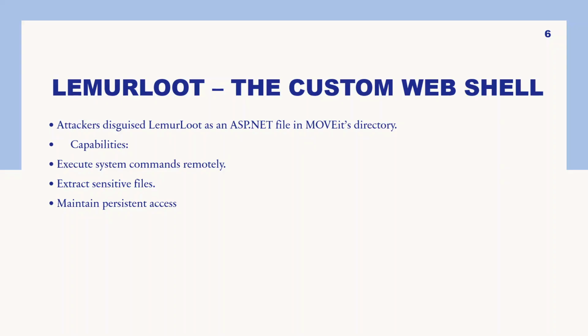So after exploiting the SQL injection vulnerability in MOVEit, the attackers uploaded LEMURLOOT, disguised as a legitimate ASP.NET file inside MOVEit's directory. They executed it remotely to run commands on the servers. Then they gained access to files stored in Microsoft Azure blobs, which was MOVEit's cloud storage integration.